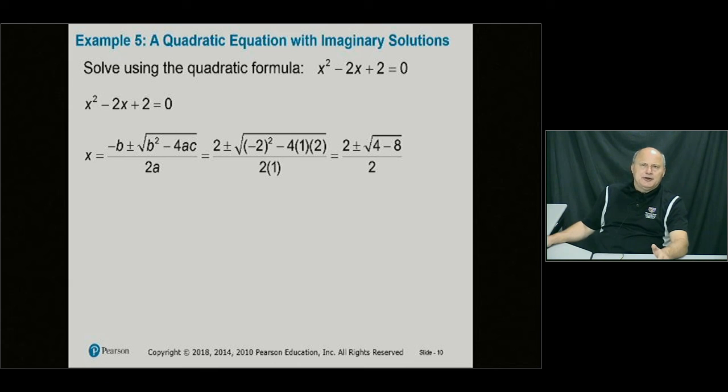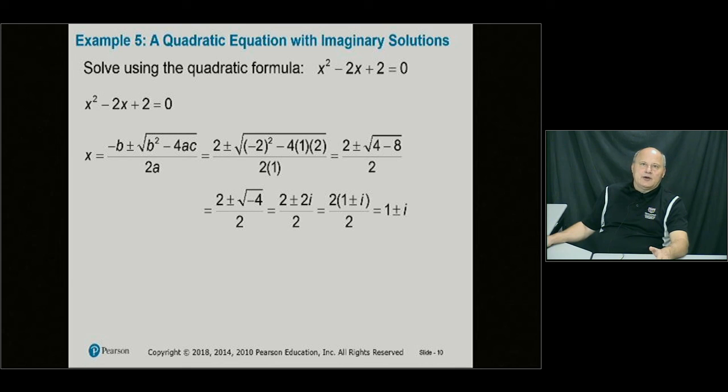So we got 2 plus or minus the square root of 4 minus 8. Why 4 minus 8? Remember, negative 2 squared is 4, and 4 times 1 times 2 is 8. I'm calculating the discriminant, all over 2. So it's 2 plus or minus the square root of negative 4, because 4 minus 8 is negative 4, all over 2 times 1, which is 2.